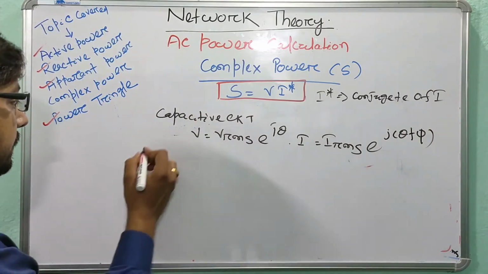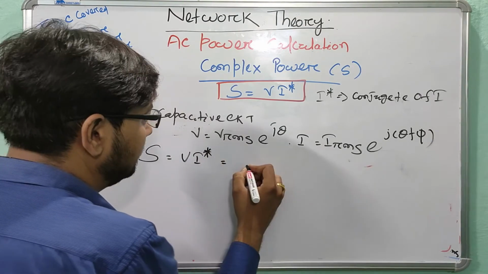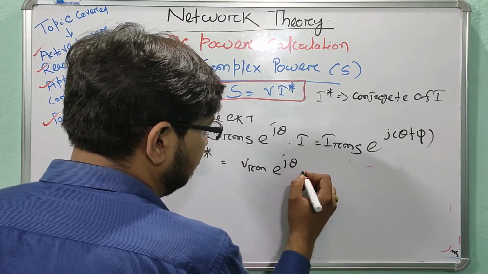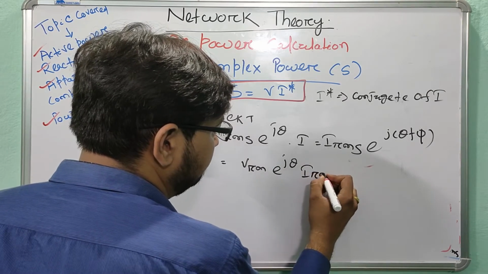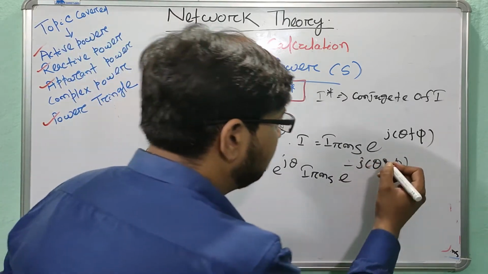Now, so what is my S? S is equal to V into I star, that is I conjugate, that is equal to Vrms e to the power j theta into Irms e to the power minus j theta plus phi.